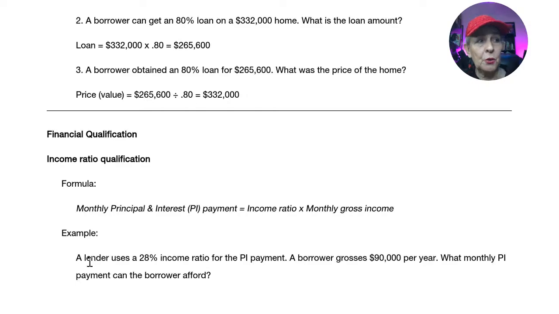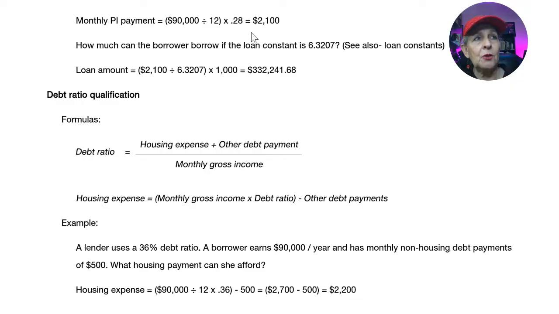As shown here, the lender uses a 28% income ratio. So 28% of their income is allowed to go towards purchasing a home. That equals a monthly payment, on a $90,000 income, of $2,100.